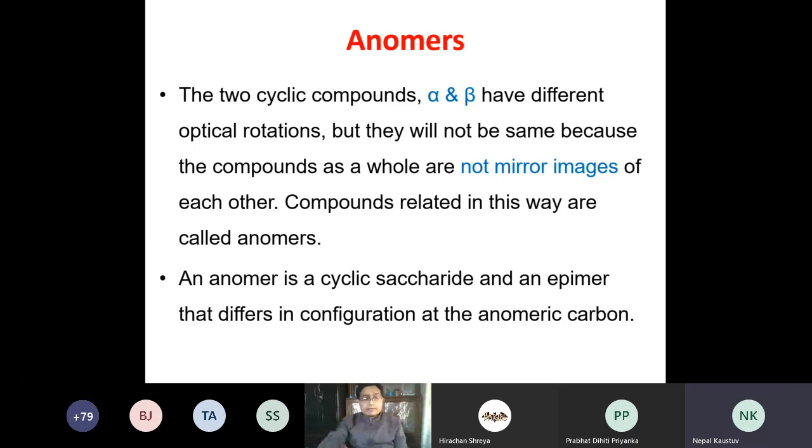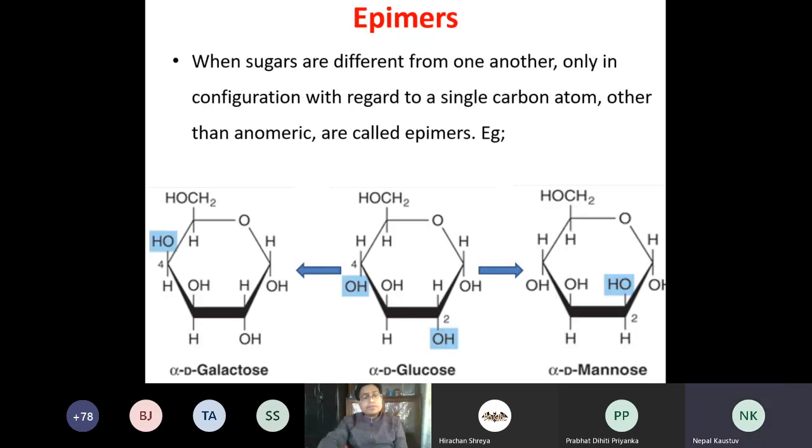Now, anomers. While talking about the epimers, we said that sugars differ from one another only in configuration with regard to a single carbon atom, and that carbon has to be other than the anomeric carbon. Now we'll talk in regard to the anomeric carbon.